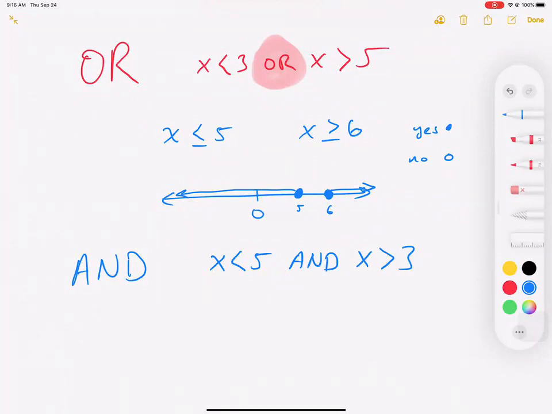Can you guys think of a number that is greater than 3 but less than 5? If you can think of a number, can you type that in the chat? Ooh, yeah, you guys picked the easy one. Good job. 4. Yeah, 4 is a number that's bigger than 3 and it's less than 5. And this idea of inequalities, 3.5, thank you.